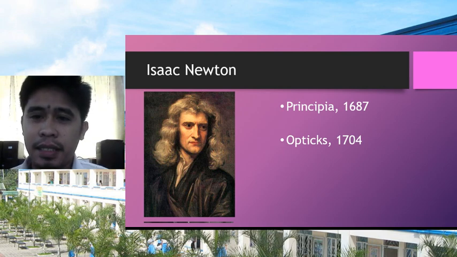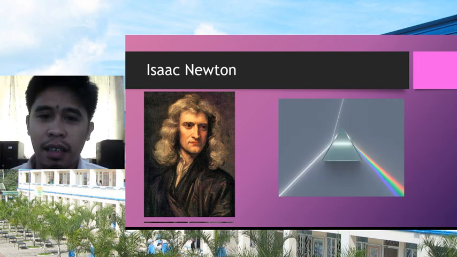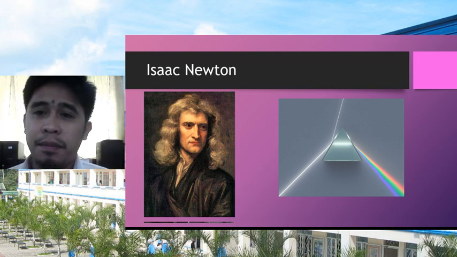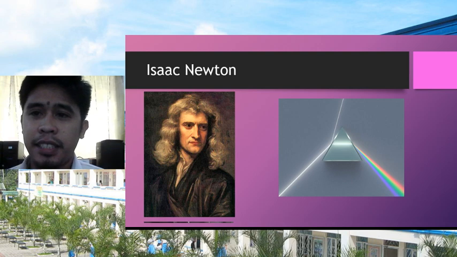Apart from his discovery of universal gravitation, Isaac Newton also investigated the properties of light. He found out from his experiments that white light consists of many colors which can be dispersed using a prism.